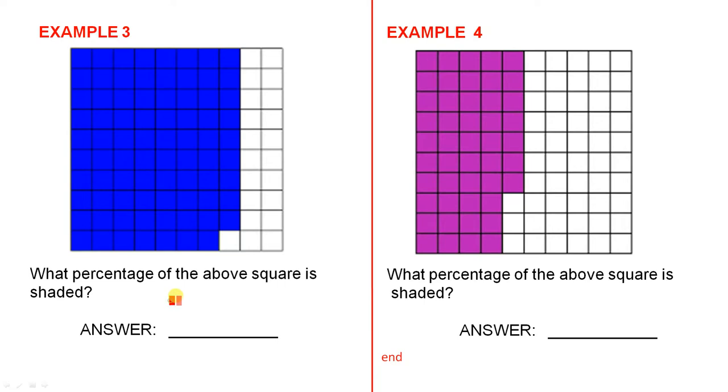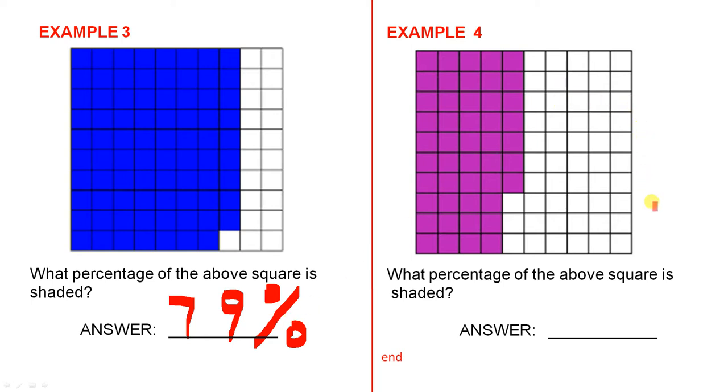So the answer is 79 out of 100 are shaded, which means that can be written as 79%, which is 79 per 100.